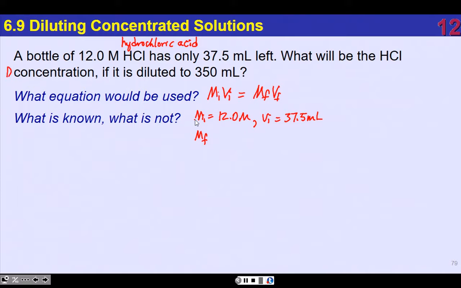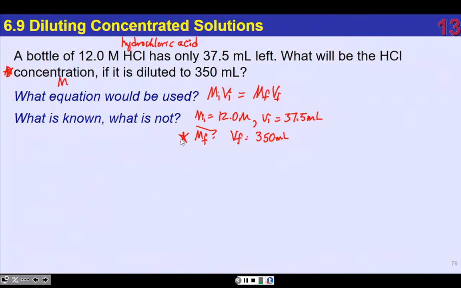What concentration will that be? That's a molarity, and so that's the one we'll solve for. If we dilute it to 350 milliliters, that's our final volume. So final volume is 350. So we're going to solve for the final molarity.